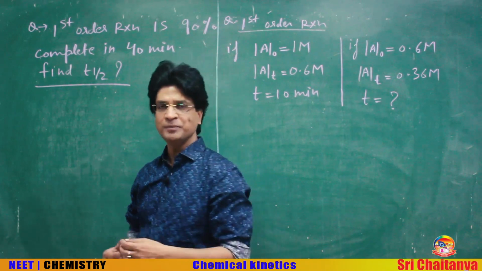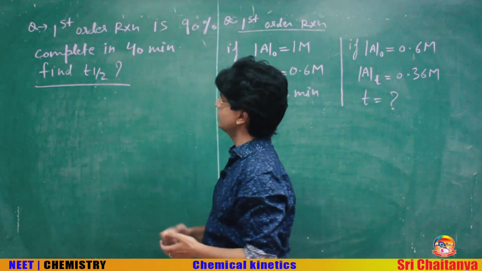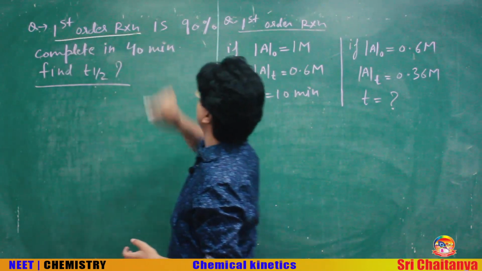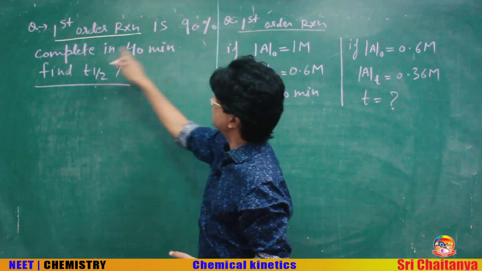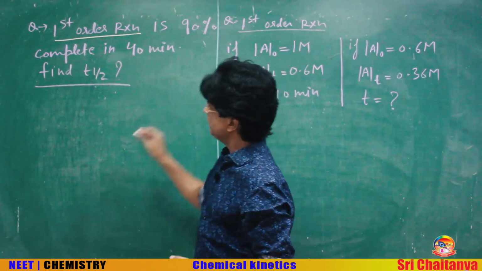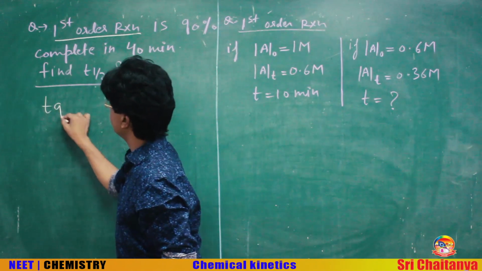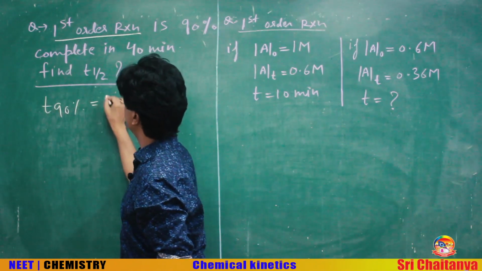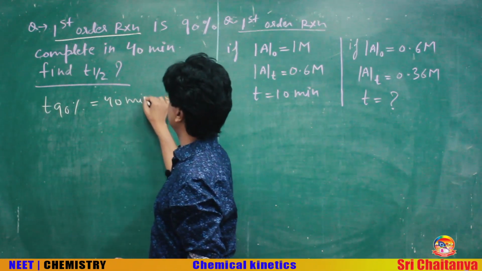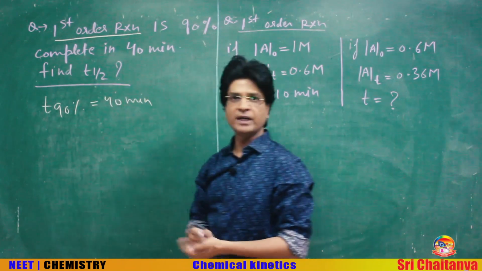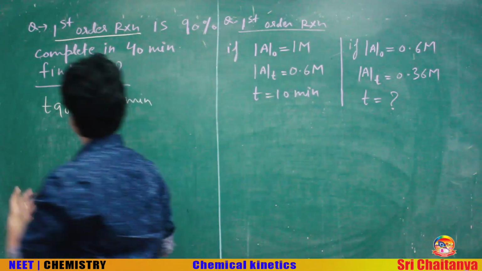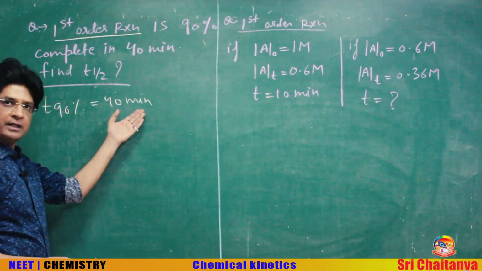Okay students, come and let's solve this question. This is a first order reaction and they're saying that it is 90% complete in 40 minutes. That means they have given you T 90% equal to 40 minutes. They're asking you half-life. So you all know the relationship between T 90% and T half.